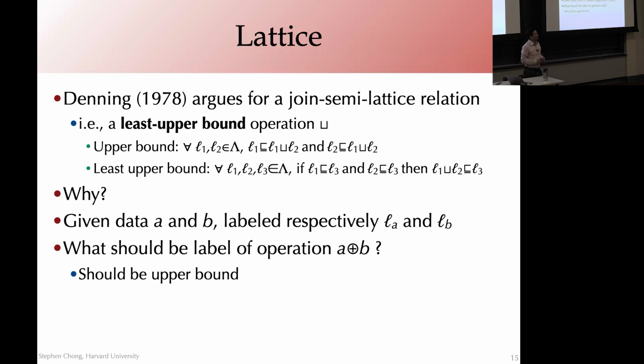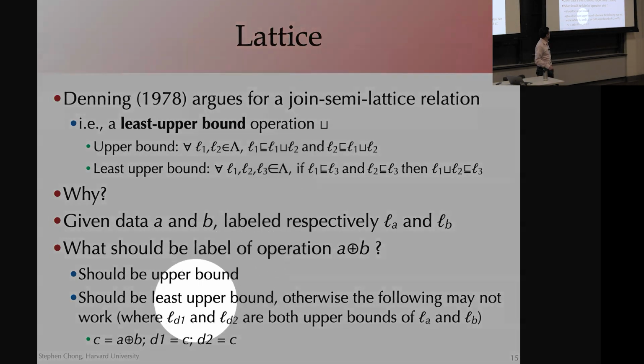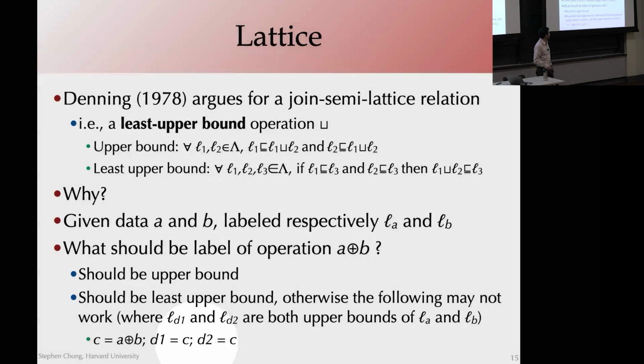We really want it to be a least upper bound so that the following kind of pattern can work. Suppose that we had two upper bounds, LD1 and LD2, and we compute C equals A ⊕ B, and then assign C into both D1 and D2.